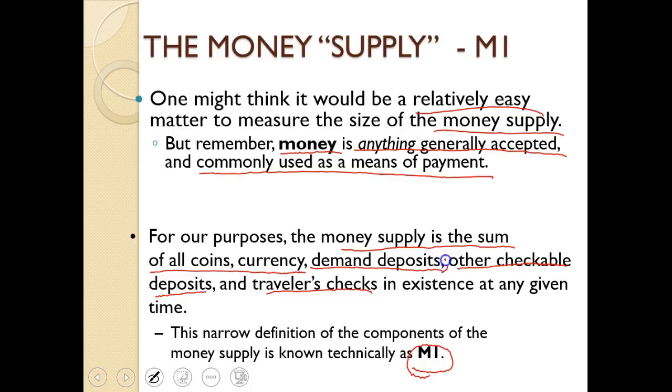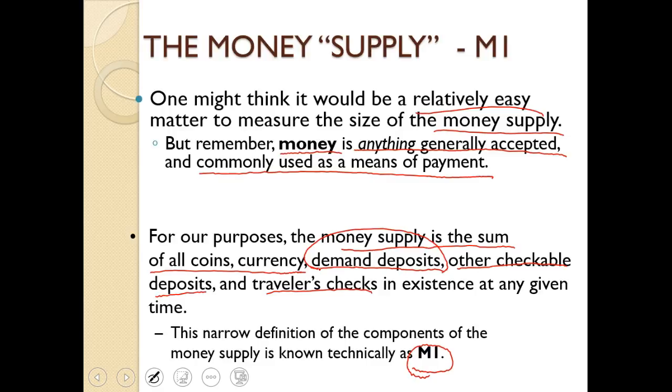What are demand deposits? Demand deposits are going to be your checking accounts. Basically, any account where they demand money before they'll start providing transactions. So if you think about your checking account, you have to make a deposit in that checking account before you can write a check.